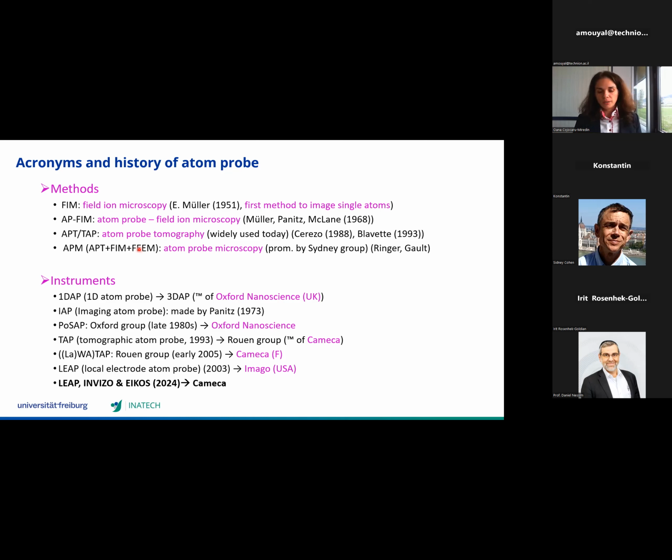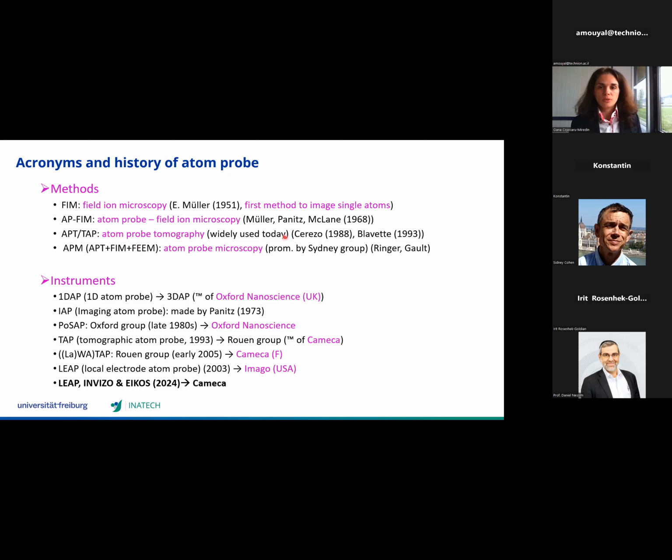But if we combine that with a mass spectrometer, and then we measure the time of flight of each impact, we can then calculate back and determine the chemical identity of each atom. And then, since 1968, the real capabilities of the atom probe tomography started to be developed.